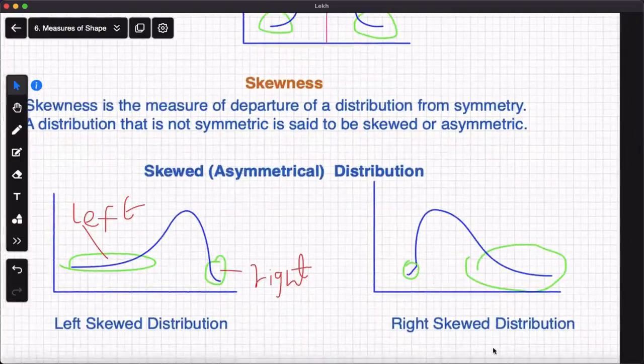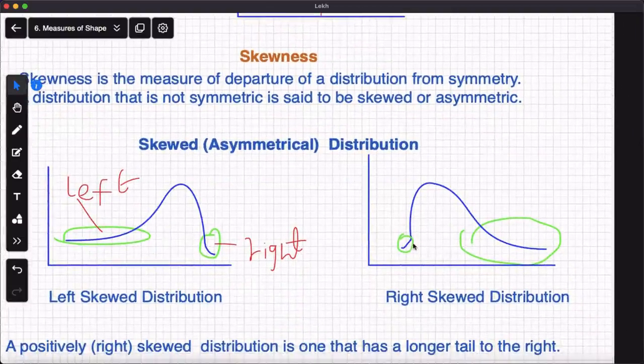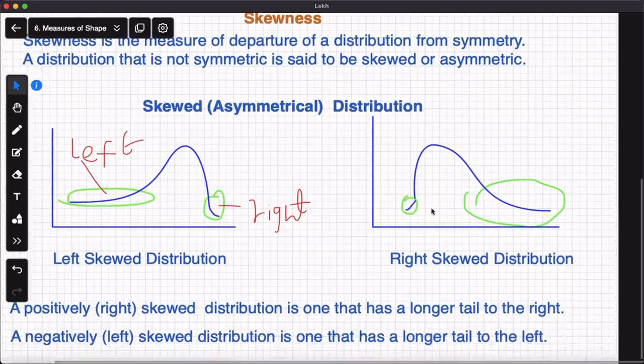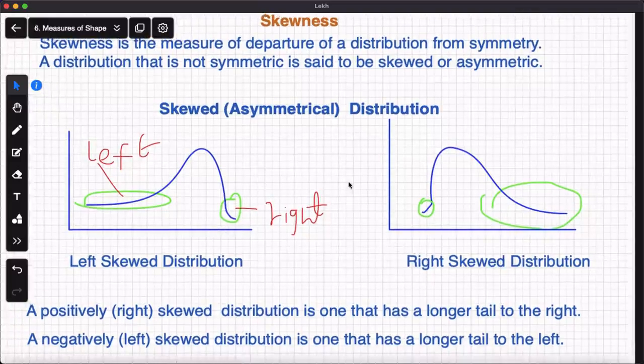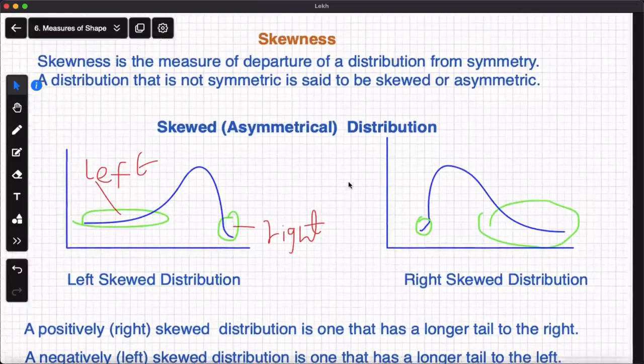The right skewed distribution has a longer tail to the right. The right tail is longer than the left tail, and we also refer to this as a positively skewed distribution. When it is not symmetric, it is said to be skewed.